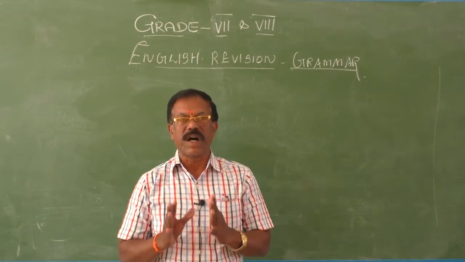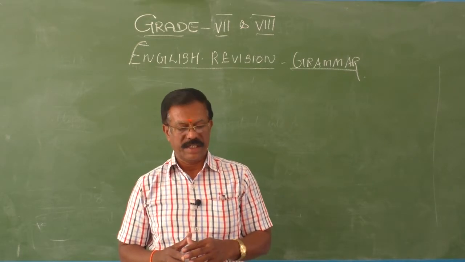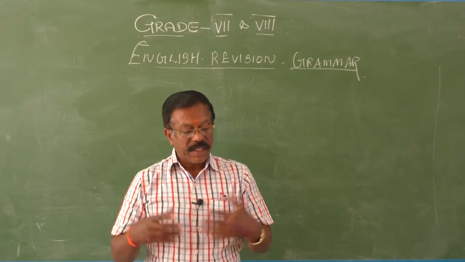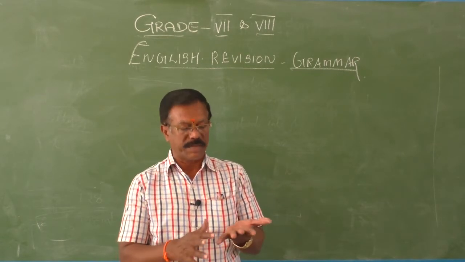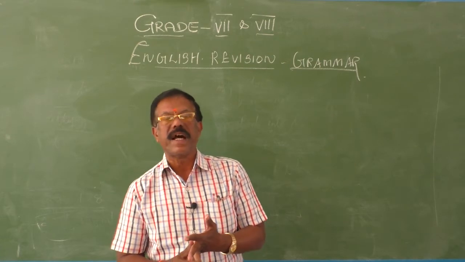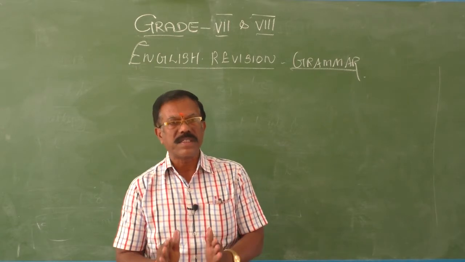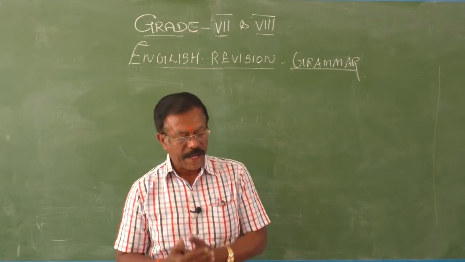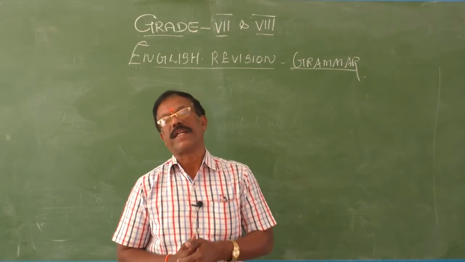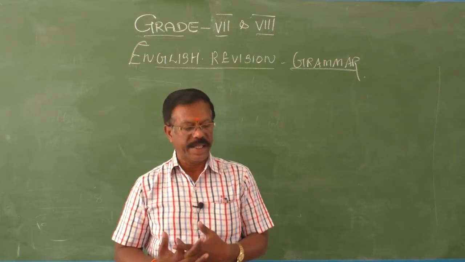So tense is a form of a verb that shows the time of an action. The major tenses are: present tense, past tense and future tense. These major tenses are further subdivided into continuous tenses, perfect tenses and perfect continuous tenses. So altogether we have 12 tenses in English.